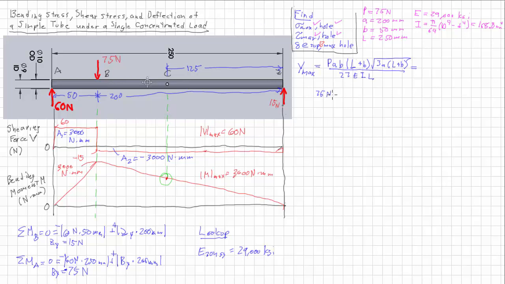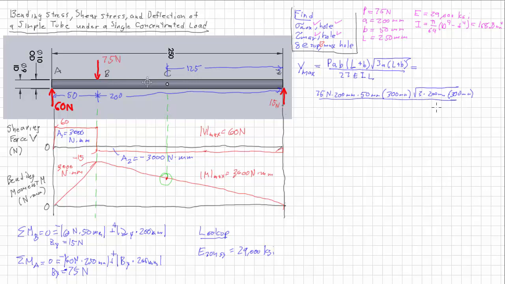75 newtons times 200 millimeters times 50 millimeters. Open that up. L plus B, we can just do that right here. That's 300 millimeters. And take the square root of 3 times 200 millimeters times 300 millimeters.